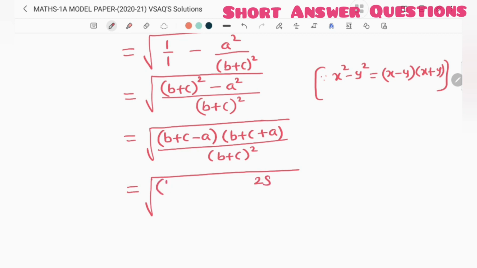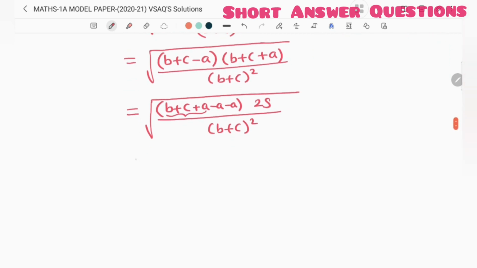Here b plus c minus a is there; one more a I am adding, already minus a is there, so minus a by b plus c whole square. So a plus b plus c is again 2s, which is equal to square root of 2s minus 2a into 2s divided by b plus c whole square.